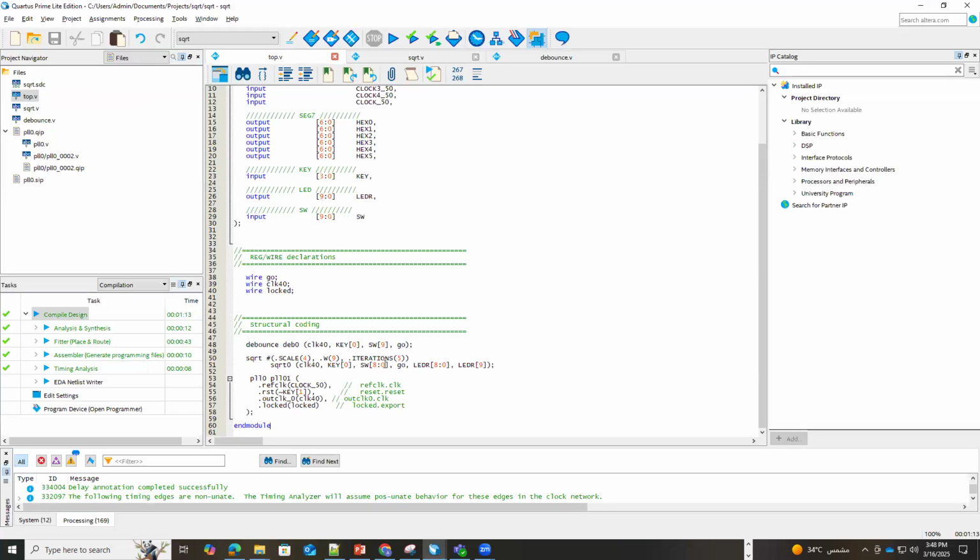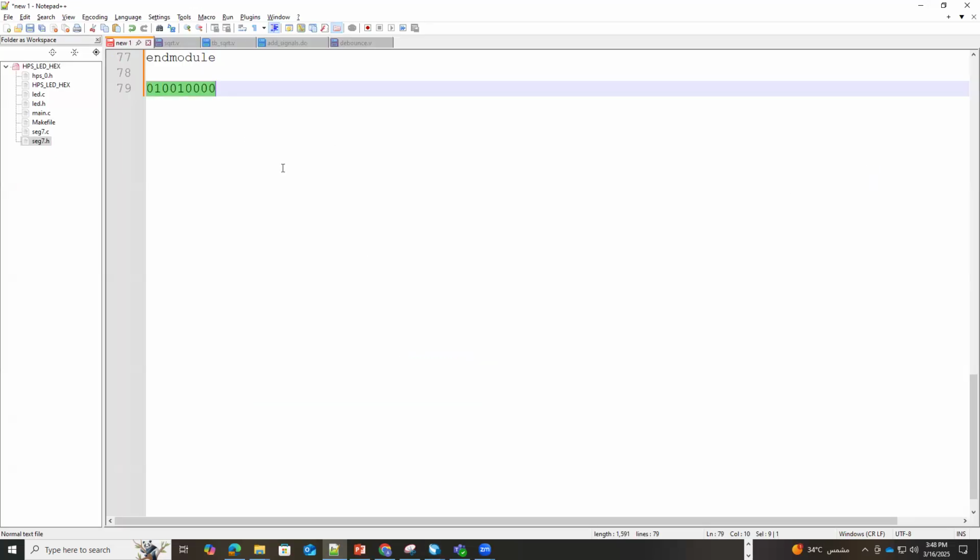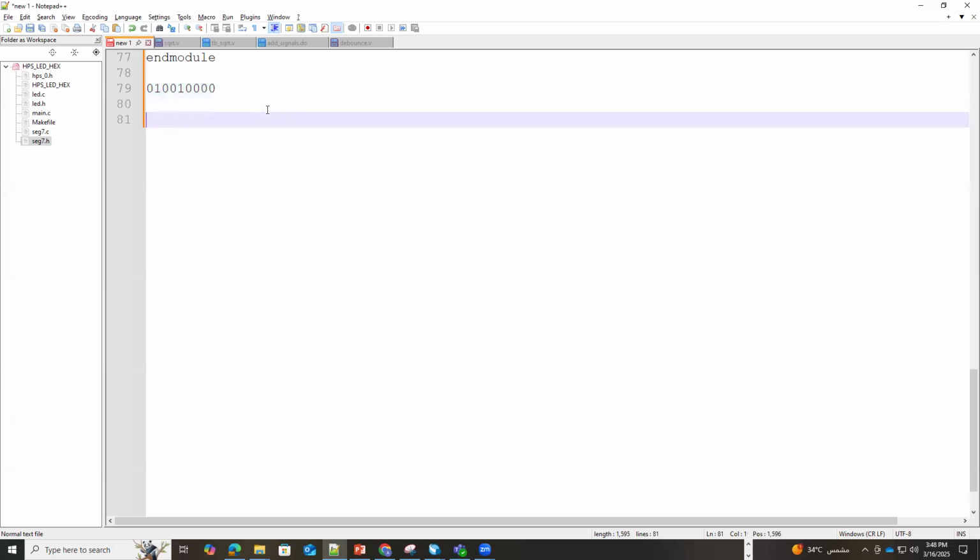This is DN here. And then give a go using switch 9, a positive edge on go. And then we should see on the LEDs 3, which is 1, 1, but followed by 4 zeros because of the scaling.